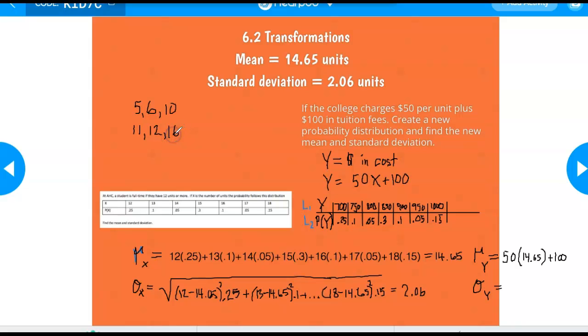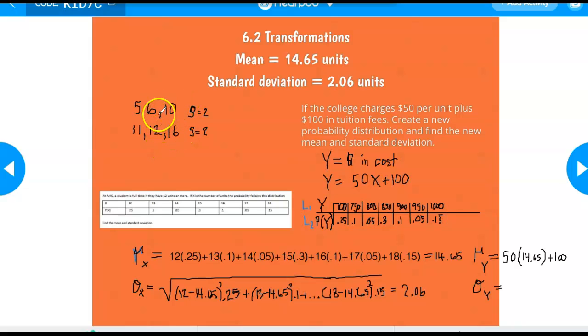What's the spread of those numbers? Well, in the first data set, 5, 6, 10, the standard deviation is about 2. And in the second data set, the standard deviation is about 2. Adding a value has no effect on standard deviation. The spread of those numbers is the same.